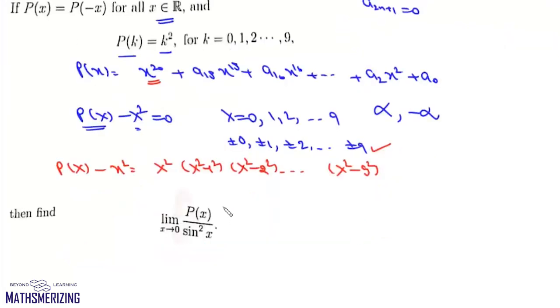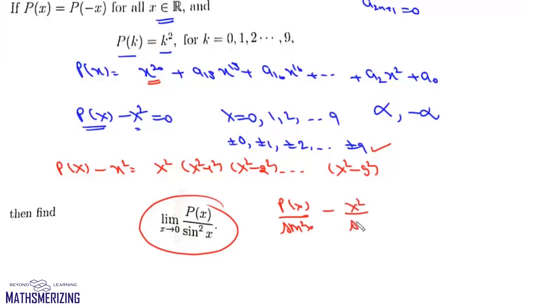Now we need to find the limit as x tends to 0 of p(x)/sin^2(x). If we divide everything by sin^2(x), we can write p(x)/sin^2(x) - x^2/sin^2(x) equals x^2/sin^2(x) times (x^2 - 1^2)(x^2 - 2^2) up to (x^2 - 9^2).